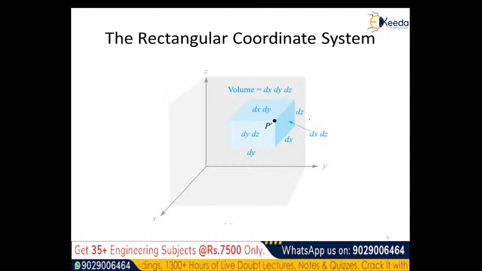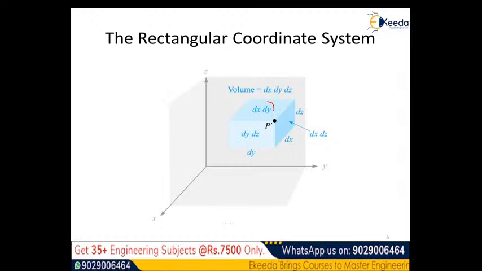Now when we are asked to represent a surface with the help of the rectangular coordinate system, let us say the top surface of this cuboid, it has one edge parallel to dx as I just discussed, and another parallel to dy. To find the surface area, we always multiply the two dimensions.